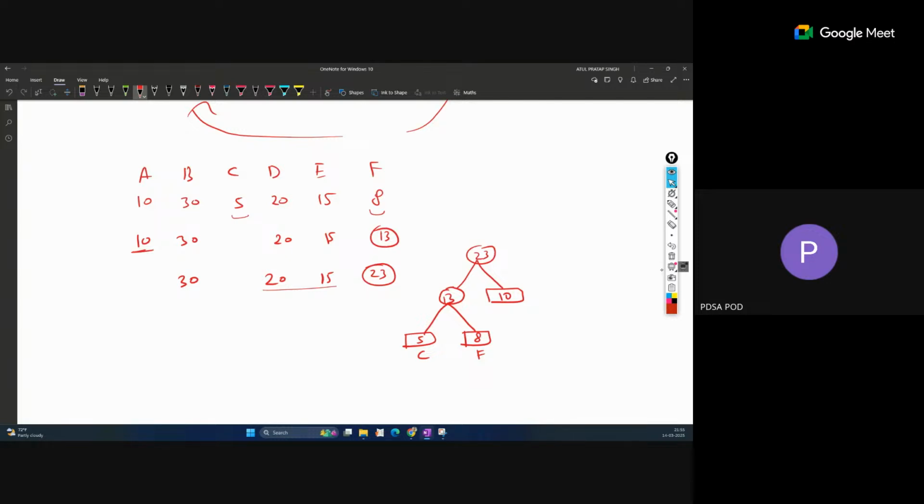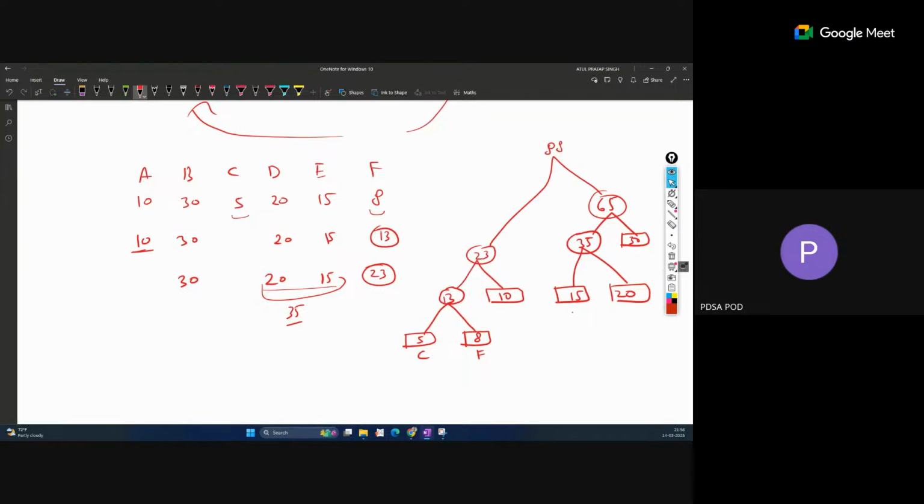These are the character frequencies, so this is created separately, and both combine like this to make 35. Now we have 35 and 30 remaining. 35 is already there, so we pick 30 and put it with this. Now this becomes 65. Only 65 and 23 remain, so these combine finally to make 88.